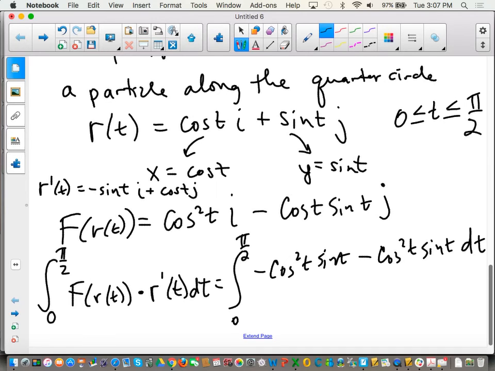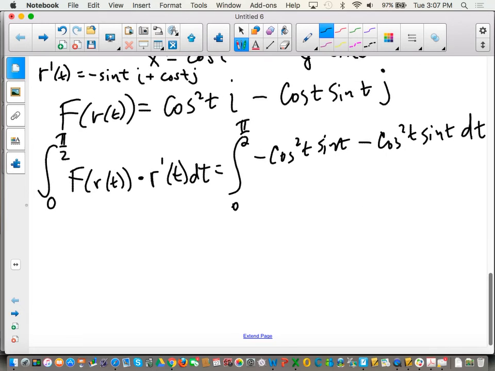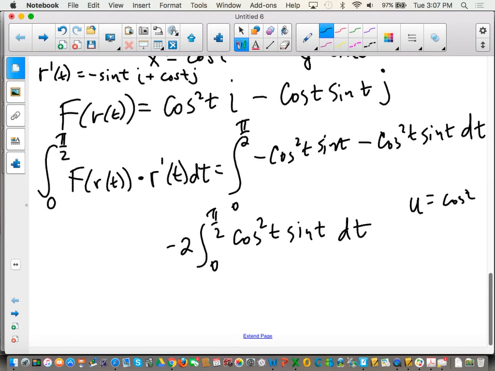And it turns out you got two of those exactly the same. You can pull that negative 2 out front. And we can use substitution on that. We'll let u equal cosine of t, du equals negative sine of t dt.